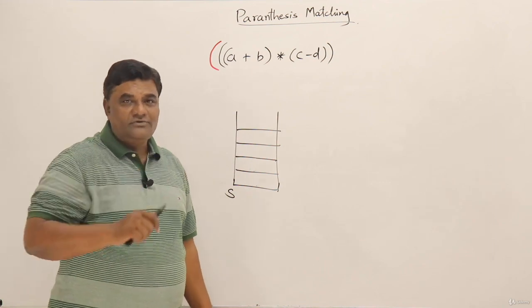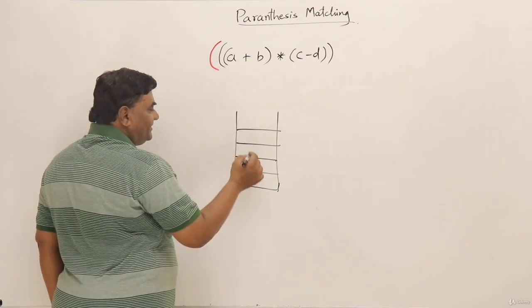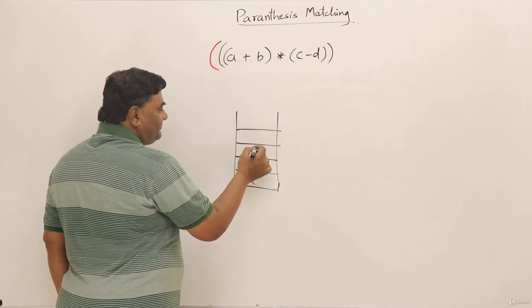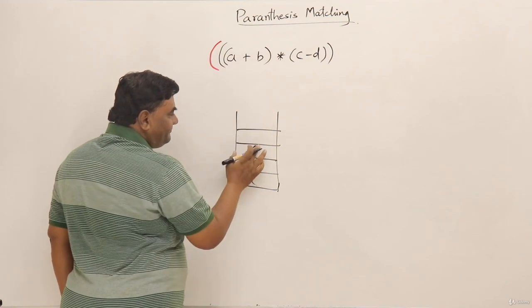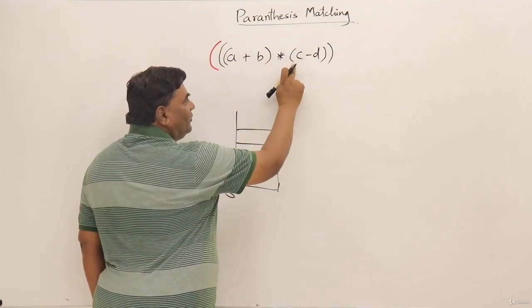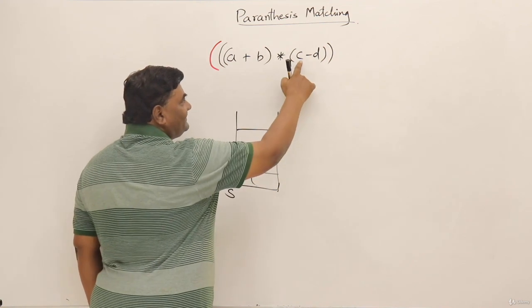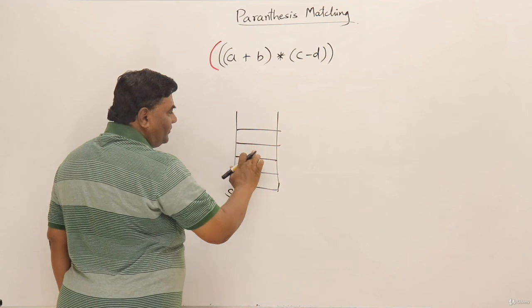Let us quickly go through that procedure. Opening bracket, push. Next one is opening bracket, push it. Opening bracket, push it. A, ignore, plus, ignore. B, ignore. Closing bracket, pop out a symbol. Move to next. Ignore. Opening bracket, push it. Then C, minus, D. Closing bracket, pop out.